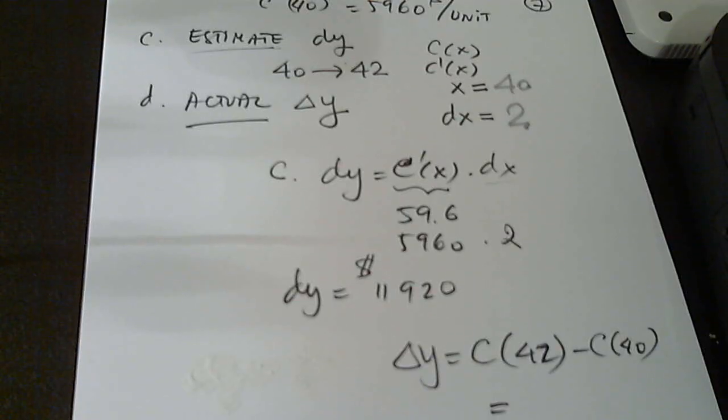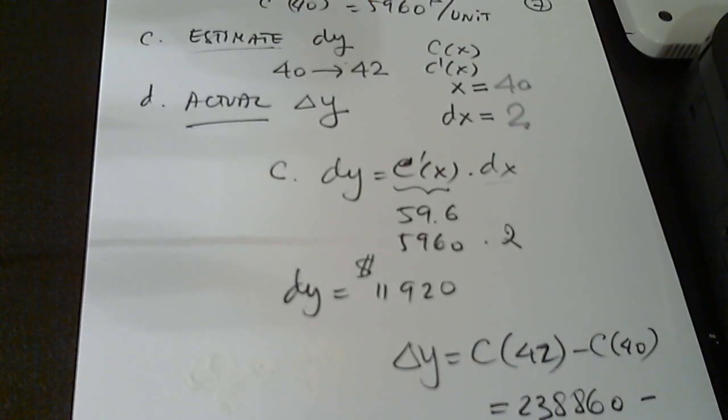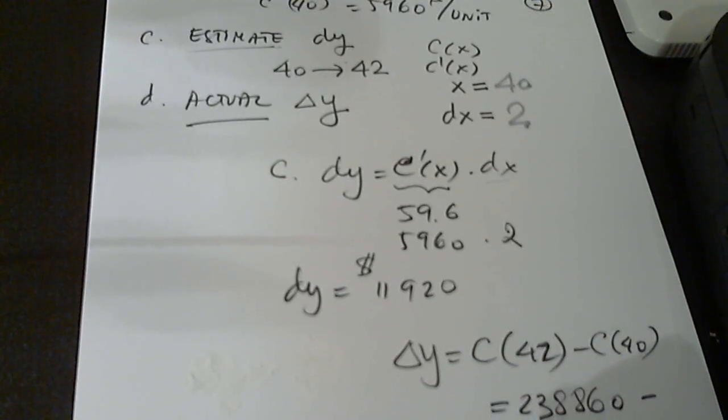So I'll go to the graphing calculator. I already have the 40 in there. I just want 42. So all I have to do is subtract from this 238860, subtract 22680.